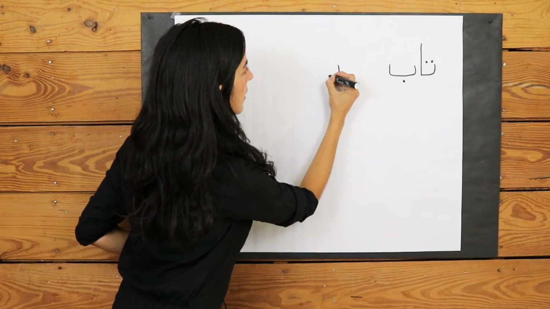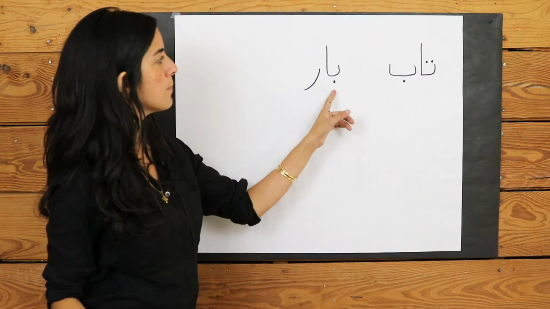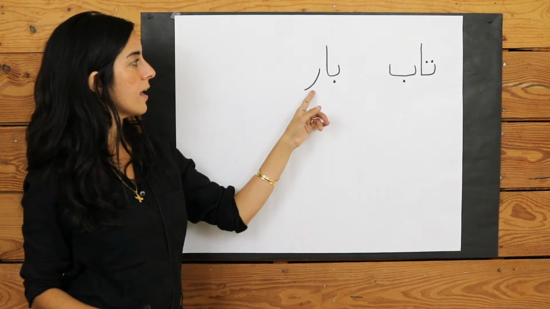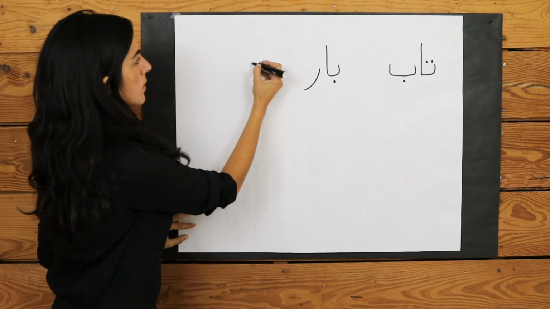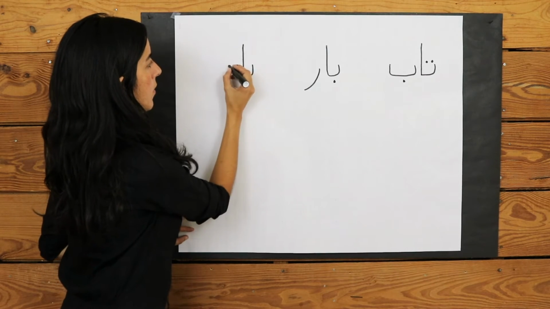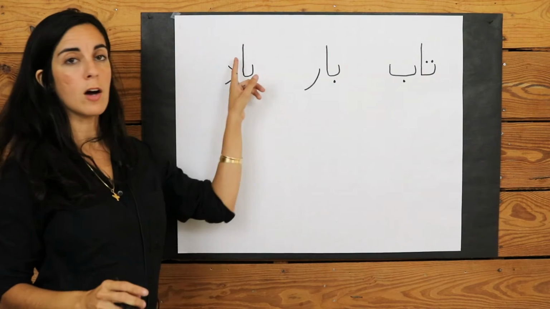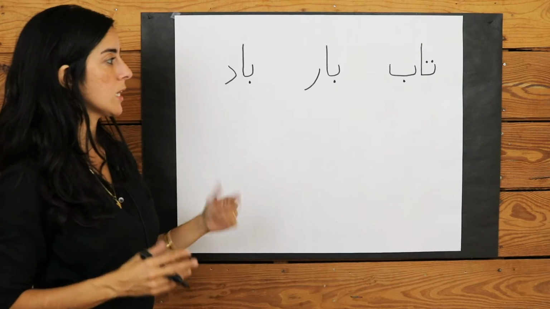Next. Be, a, re, bar, and that means a load. A be, a, and de, bad, and that means wind.